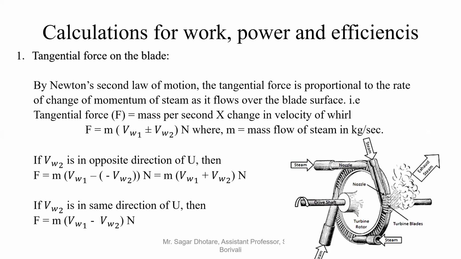The plus or minus sign depends upon the direction, and it is multiplied by speed, where m is the mass flow of the steam in kg per second. If Vw2 is opposite in direction to the tangential velocity, then force is equal to m into Vw1 minus Vw2.